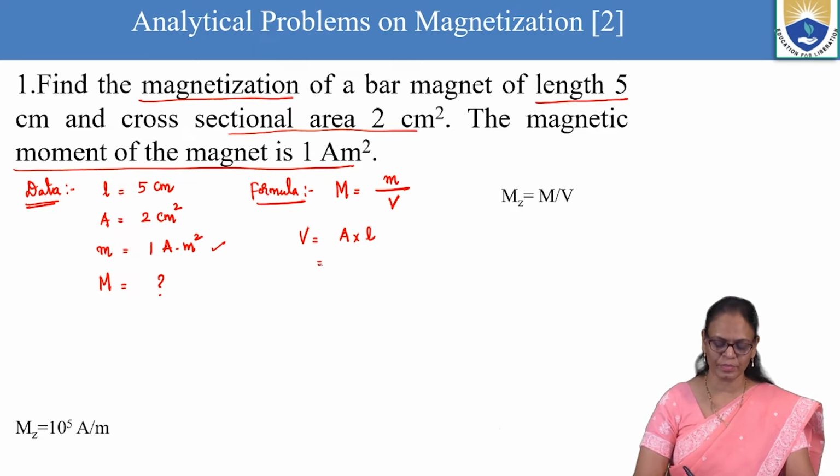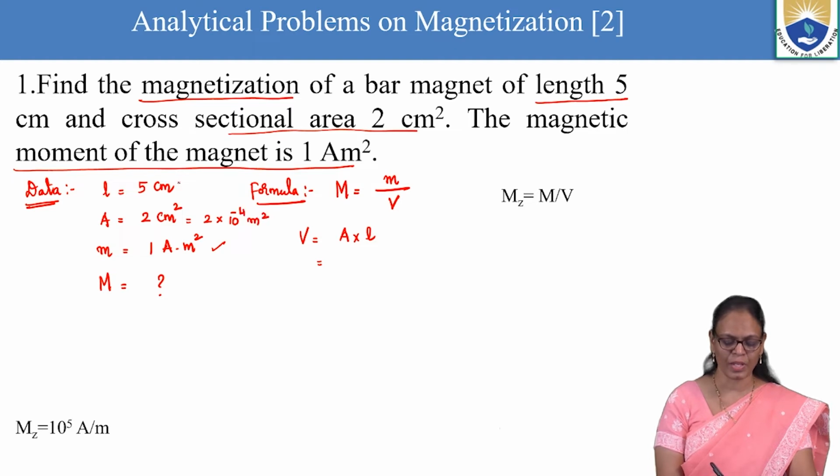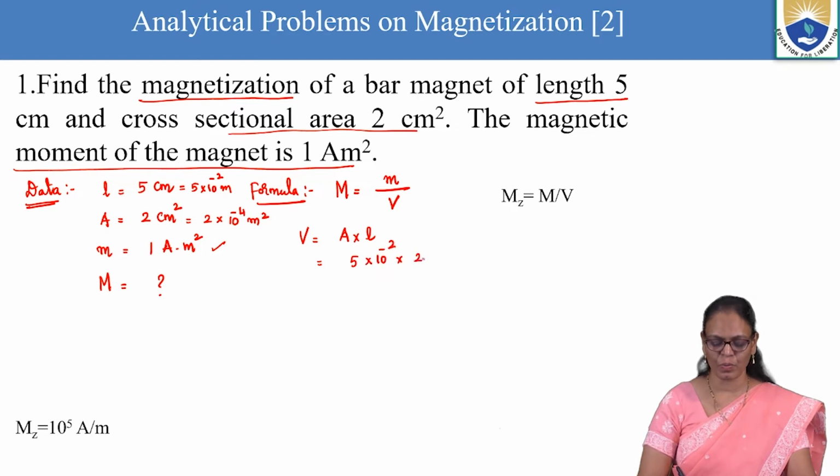Area is given in centimeter square, so we have to convert it into meter square. This will be 2 into 10 power minus 4 meter square, and the length will be 5 into 10 power minus 2 meter. We find the volume first: 5 into 10 power minus 2 into 2 into 10 power minus 4.